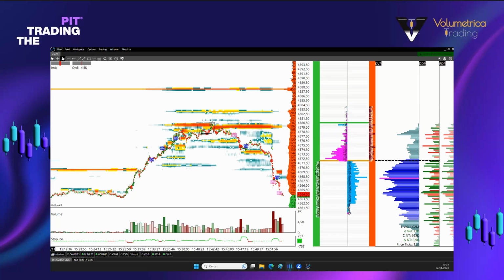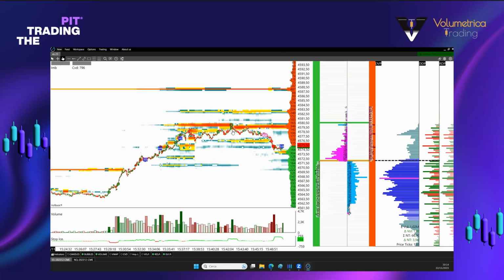The main clue to start determining that we are in an absorption area is looking at this bubble. This example is 100% perfect here, because we can see that the aggression of buyers comes exactly within the area providing liquidity.